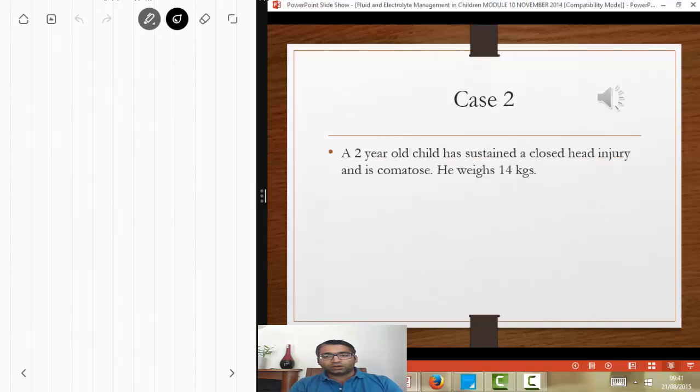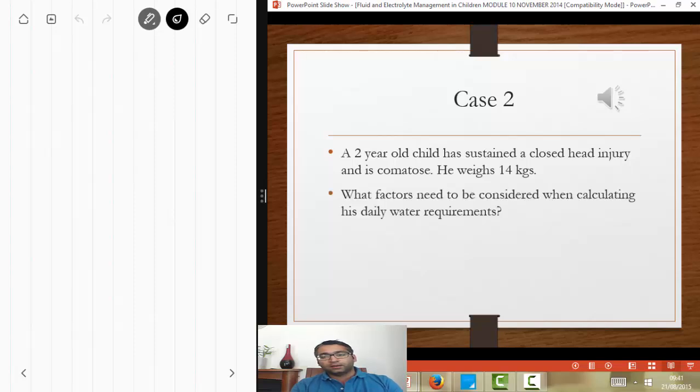So let's try another one now. You have a 2-year-old child who's got a closed head injury and is comatose. Weight is only 14 kilograms. The thing you need to bear in mind in this one is it's a closed head injury. You don't want to give any more fluid than is absolutely essential, so you don't really want to give full maintenance fluid here.